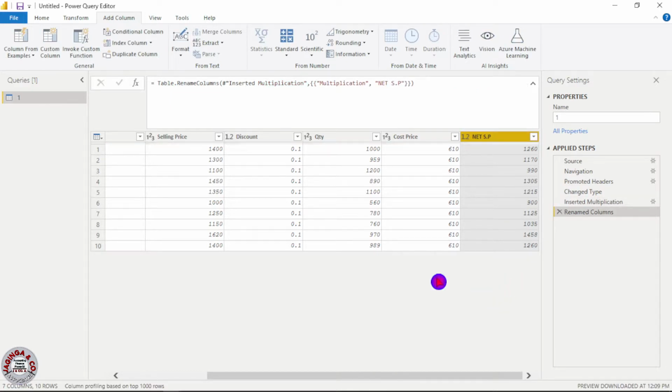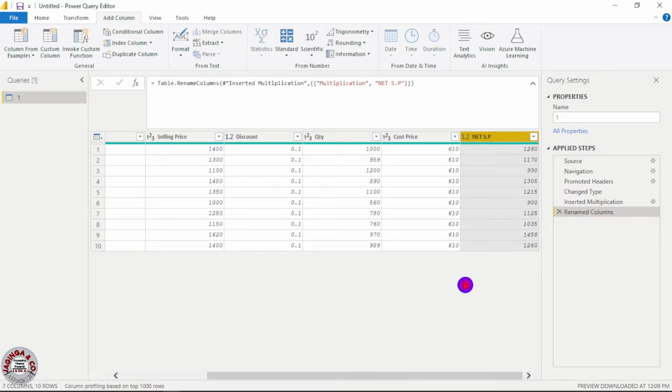Then from the net selling price, we can multiply the net selling price with the quantity, and also multiply cost price with the quantity. Then from there we can get the gross profit after netting off the cost price.